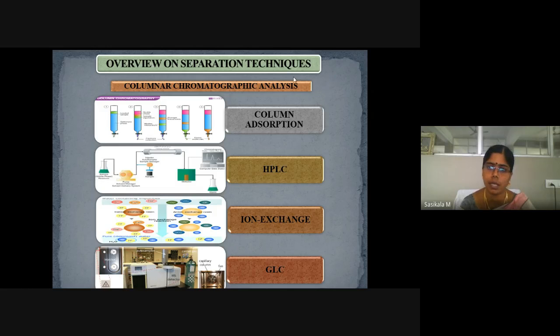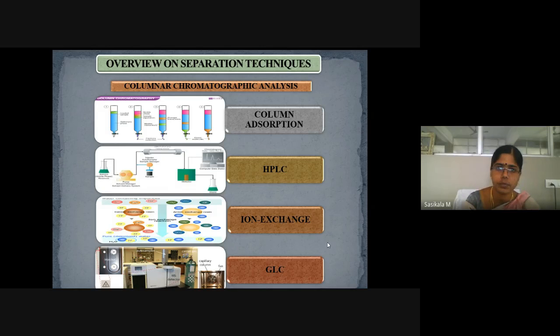We can extract and separate individual molecules by column adsorption. So there are three main categories under columnar: column adsorption, liquid chromatography, and gas chromatography. Here: column adsorption, HPLC, ion exchange, and gas liquid chromatography.